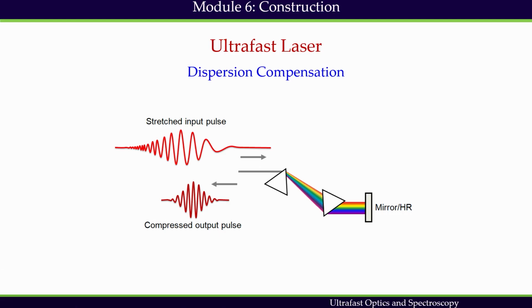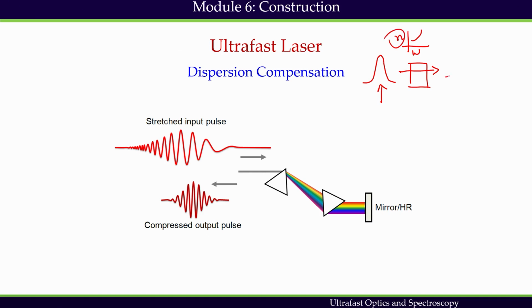Previously we have mentioned that even if I have a short pulse, when it propagates through a medium, every medium is dispersive. That means the refractive index increases as a function of frequency. So all the frequency components which construct this pulse will experience different refractive index, different velocity.